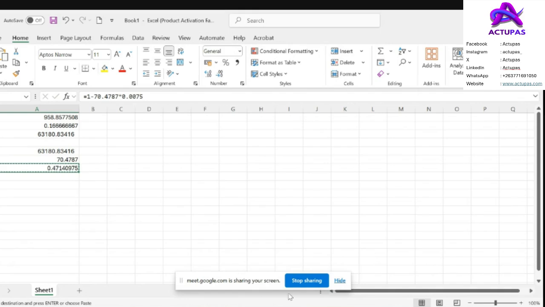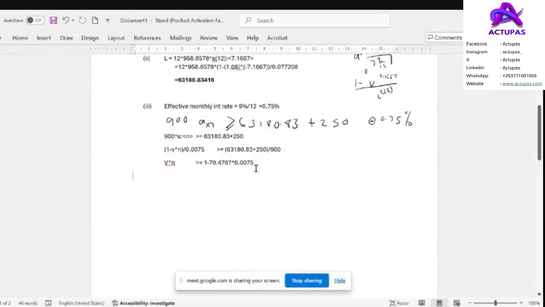Our next line would then have v to the power n is greater or equal to 0.471410.